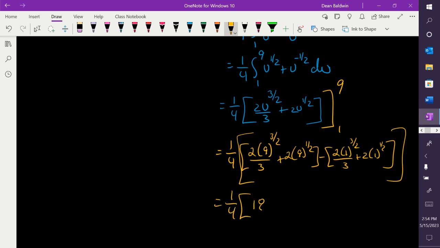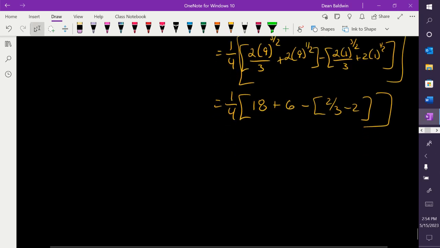Plus 9 to the power of a half 3 times 2. And if you have ones, that's just 1. Super easy. So I get 2 over 3 minus 2. 18 and 6.